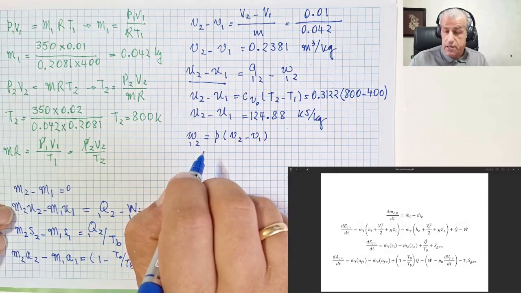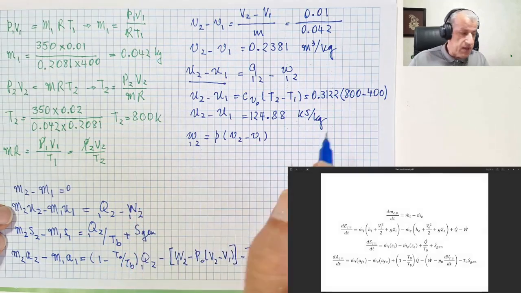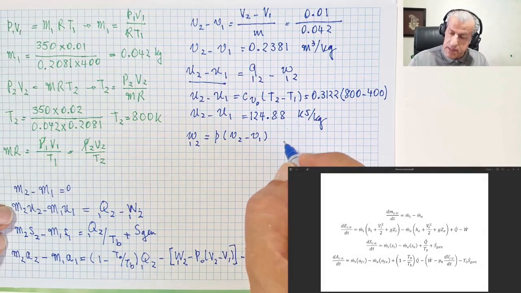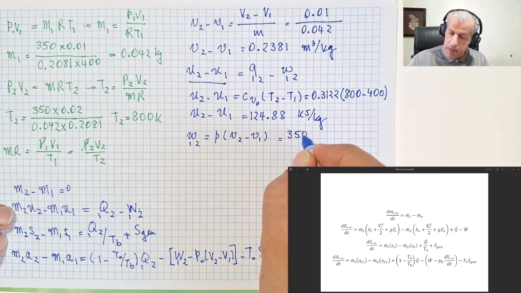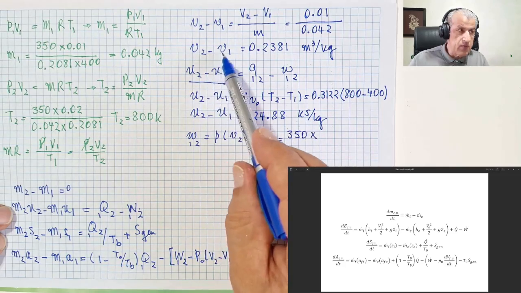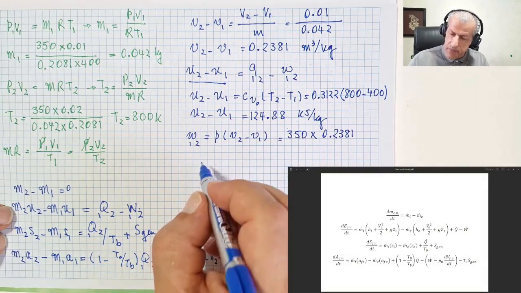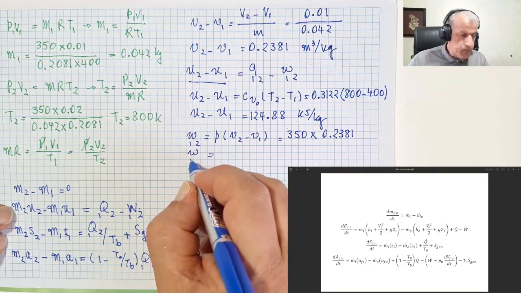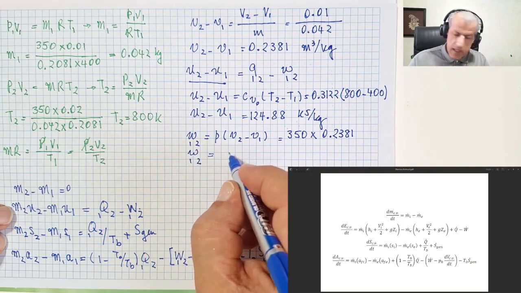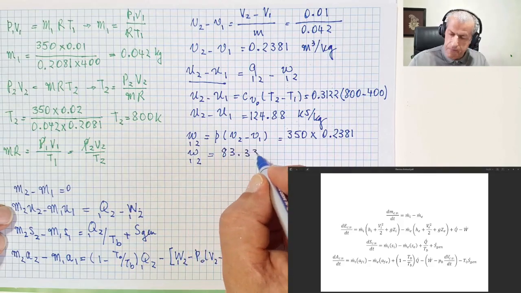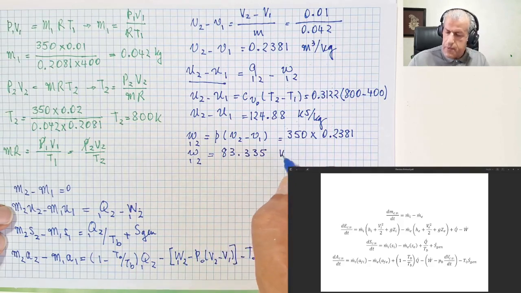And the pressure is, as I mentioned, 350 kilopascal. So that equals 350 times V2 minus V1, which we have already calculated to be 0.2381, and the outcome for W12 is 83.335 kilojoule per kilogram.